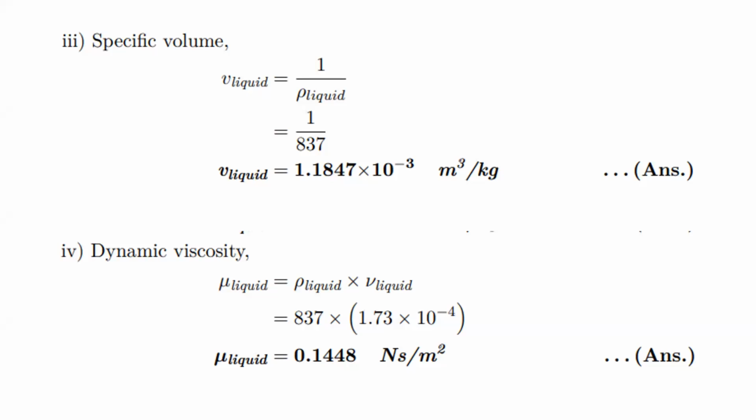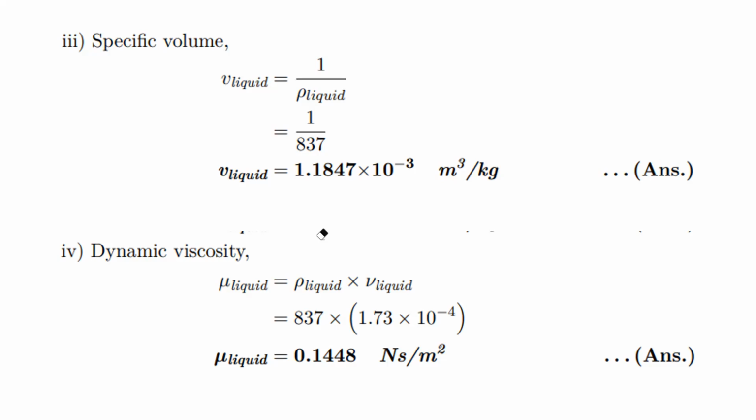Last one is dynamic viscosity. Dynamic viscosity equation, we can use kinematic viscosity to find out dynamic viscosity, as I have told you. Okay. So mu is equal to nu into rho, or nu is equal to mu by rho. So using these two equations, you can find out the value of the dynamic viscosity.